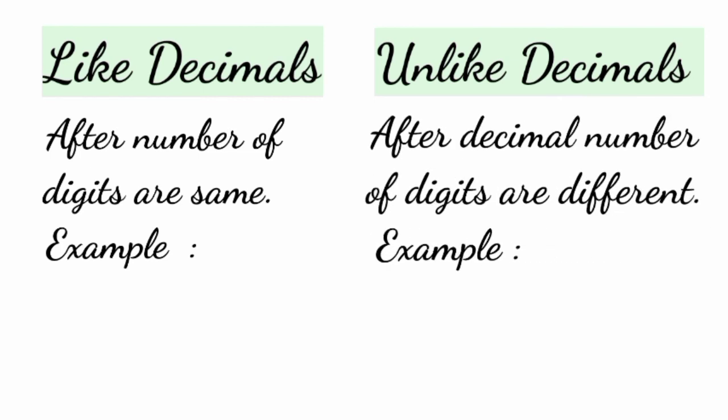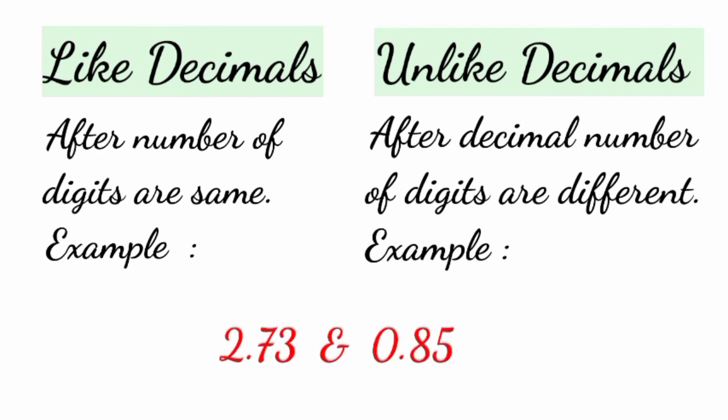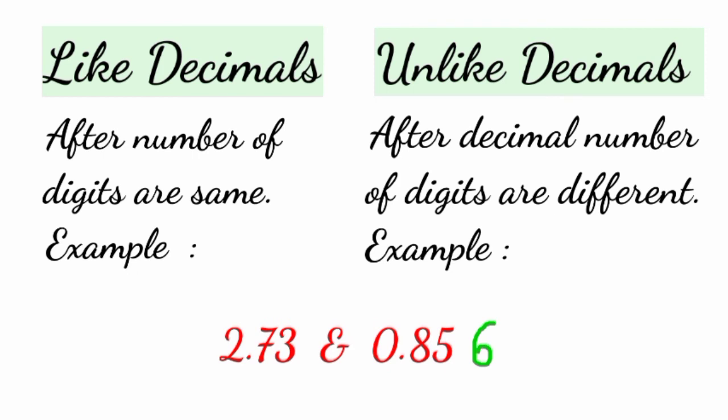Clear? For example, we have 2.73 and 0.85. After decimal in both numbers we have 2 digits, so these two decimal numbers are like decimals. If I write 6 after this 5, now we have 3 digits after decimal in this number and in this number we have 2 digits. So these are unlike decimals.